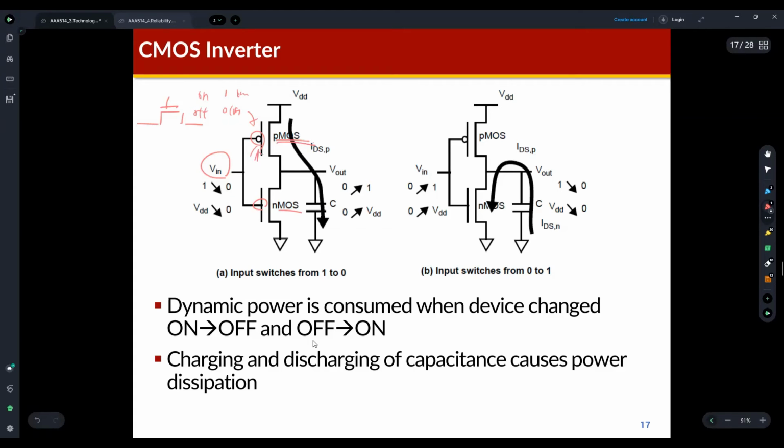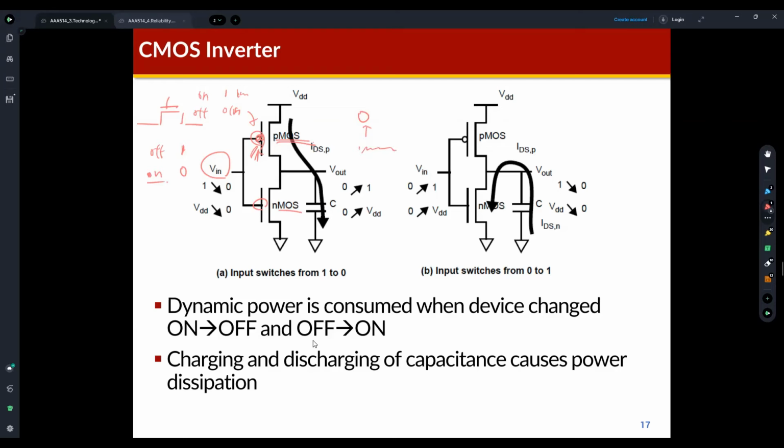You can find the bubble here, which means that the PMOS is off if the input voltage is VDD, which means 1, and it is turned on if the input is 0. Usually in logic design, a bubble means inversion.